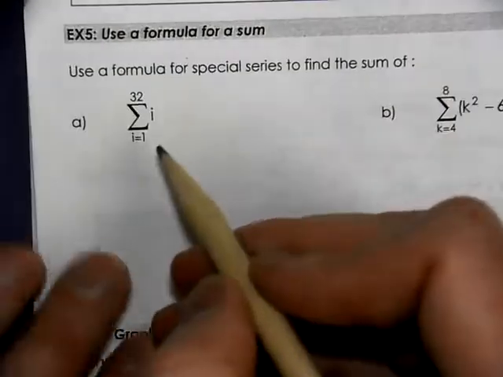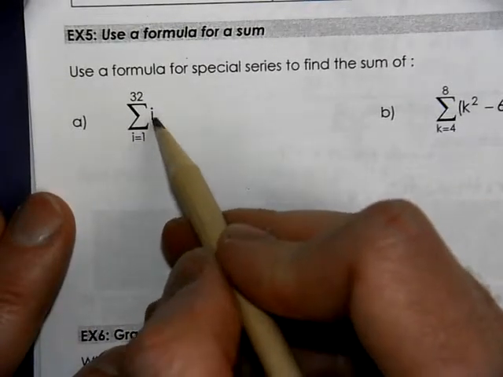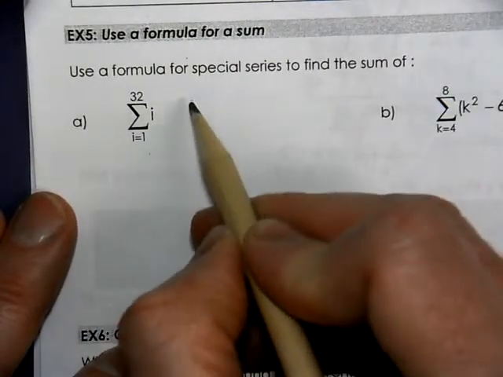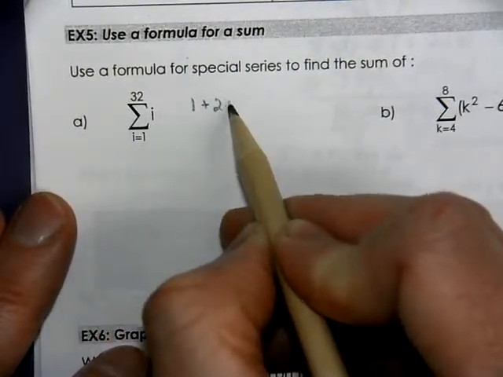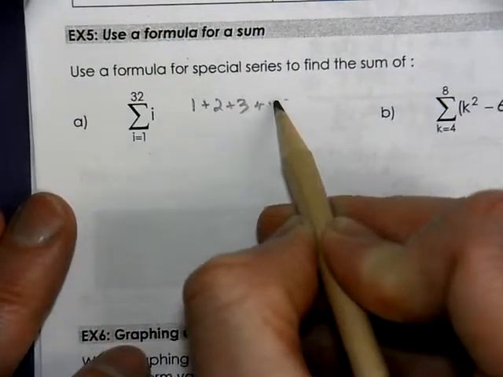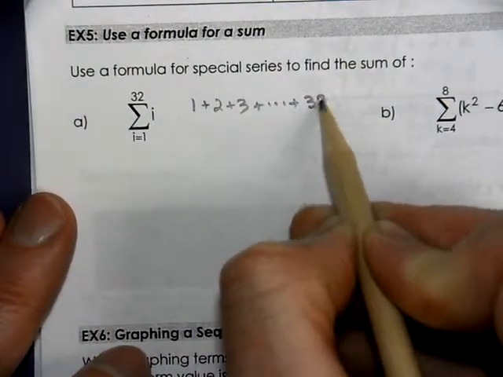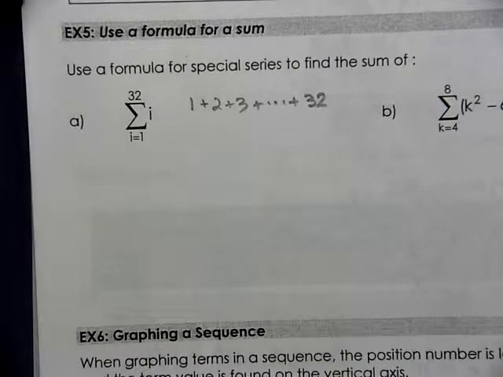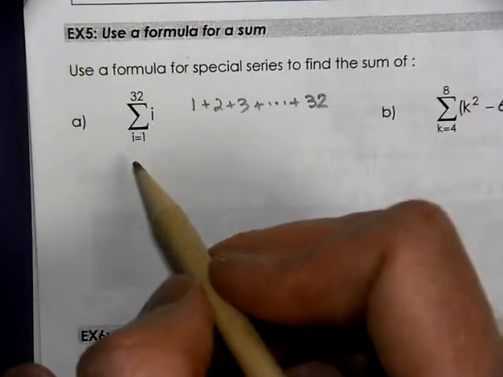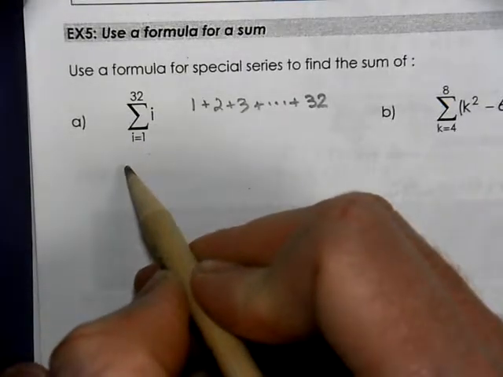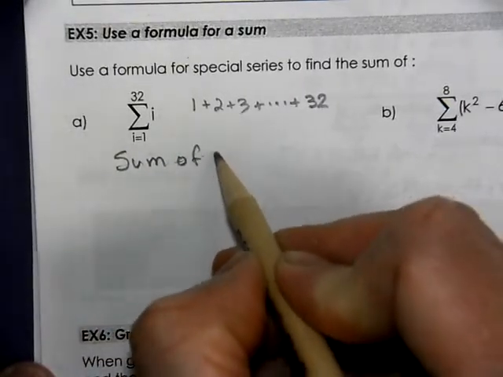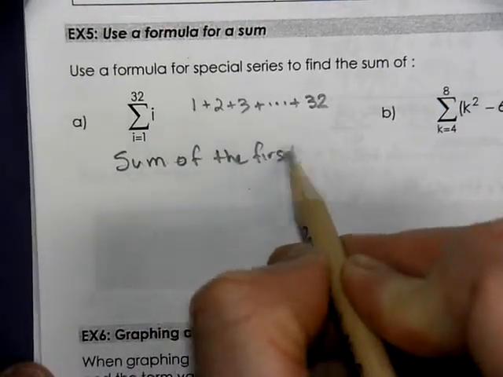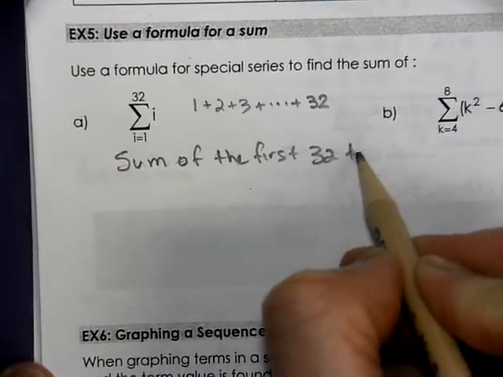So here for a first one, this is showing us that we're going to be adding the terms 1 when you plug in a 1, and then a 2, and then a 3, and you would continue that pattern all the way until you got to 32. What is the sum of 32 terms? So we're looking at the sum of the first 32 terms.